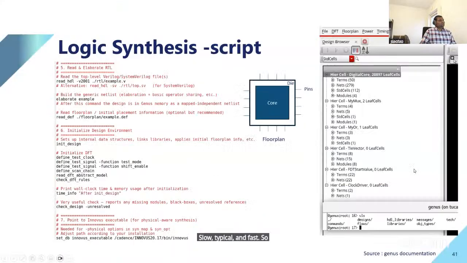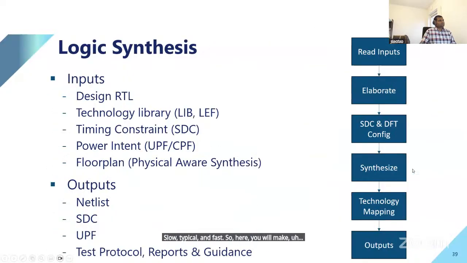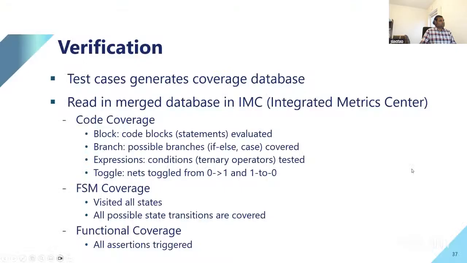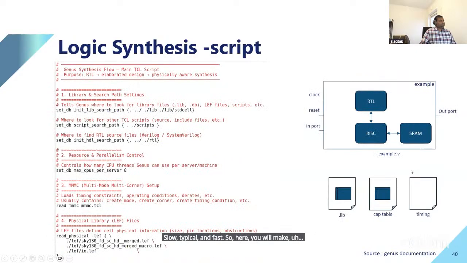So here you will set up multi-mode, multi-corner. You will give three .libs: how gates behave when they are slow, how they behave most likely, which is typical, and how standard cells behave when they are fast. This variation appears because of process variability.